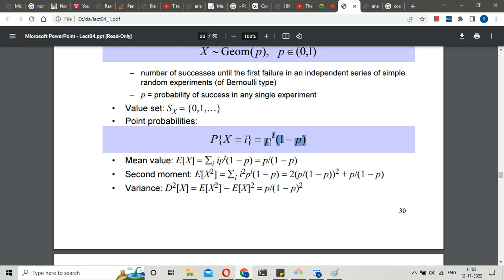So it's straightforward. For the first 5 events, I am looking at the probability of getting success, right? So it will be 0.5 for the first, next also 0.5, 0.5, 0.5, 0.5. And in the end, the sixth one is a failure event, tails. So 1 minus p, and that is the probability of getting tails on the sixth time.